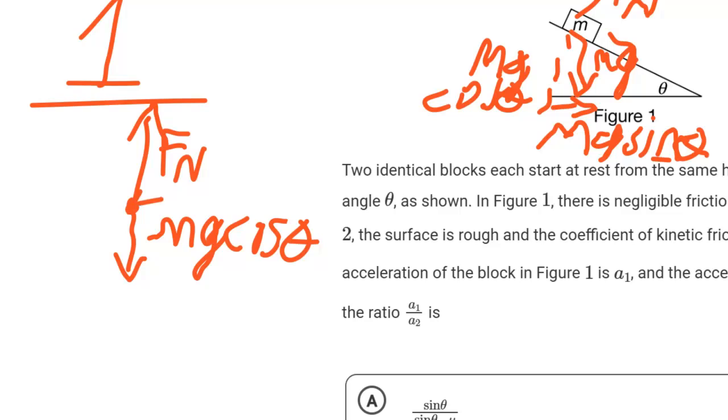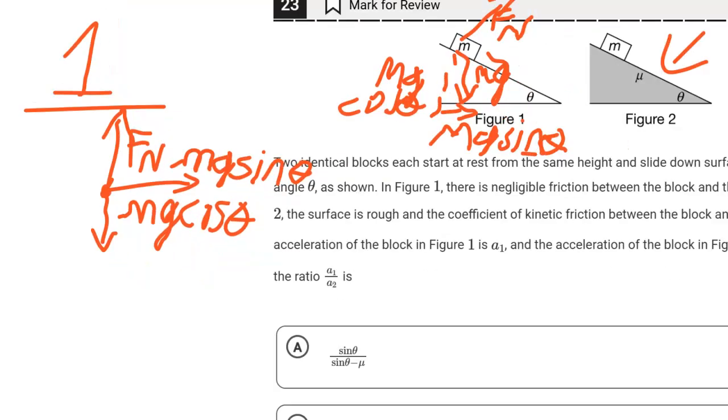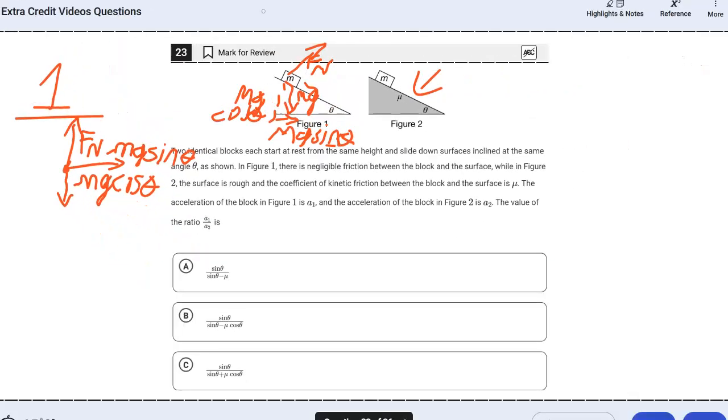To the right we have our mg sine theta. And no friction, so we're good in that regard.